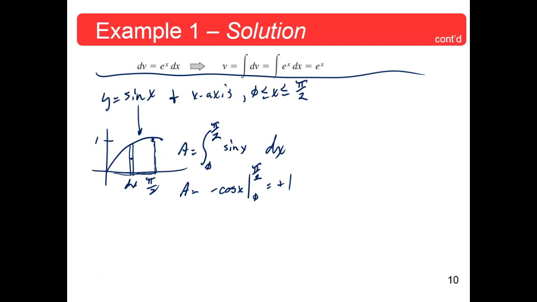To evaluate the y bar, it says rewrite the integrand, which they haven't told you what the integrand is yet, using a trigonometric identity. And here's another one.